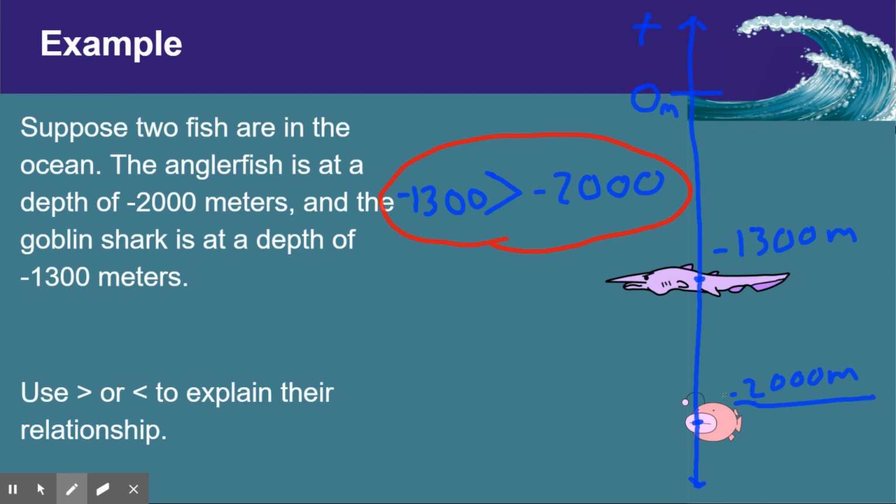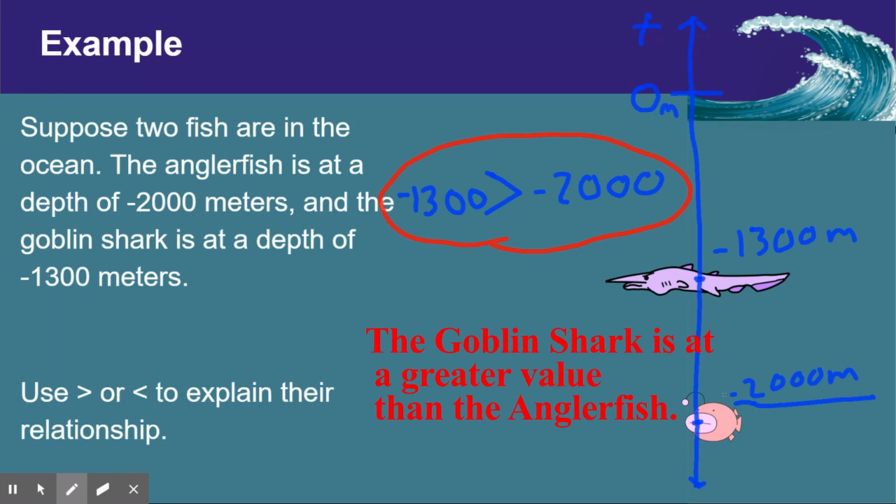We could write something along the lines of the goblin shark is at a greater value than the anglerfish. Now, when we start talking about absolute values in the next target, then we could say something a little bit different. But for right now, negative 1,300 is going to be greater than negative 2,000.